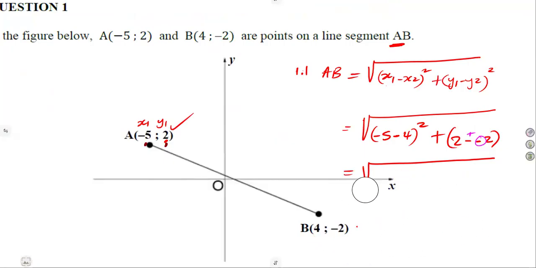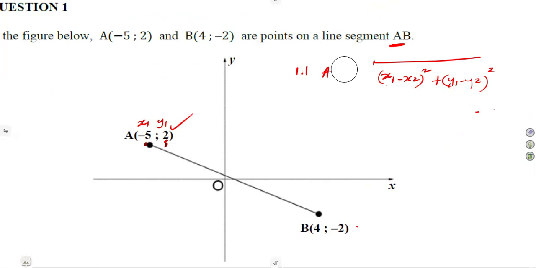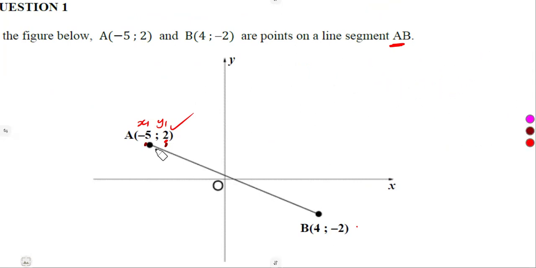The gradient is undefined. Guys, what can make this gradient undefined? Because A is being transformed to a certain image. We do not know where it's going to be, but wherever the image of A is, if we are to find the gradient of the image of A and B, B is still as it is, the gradient is supposed to be undefined.